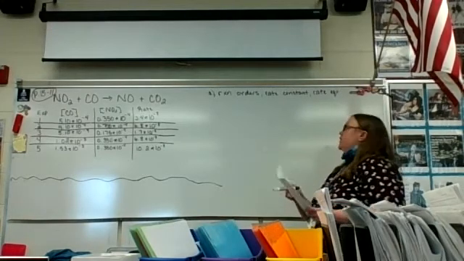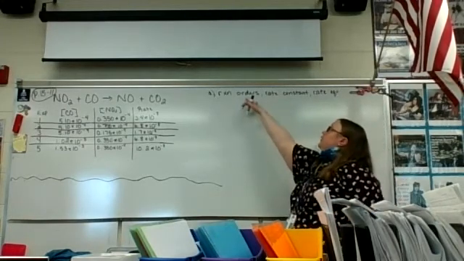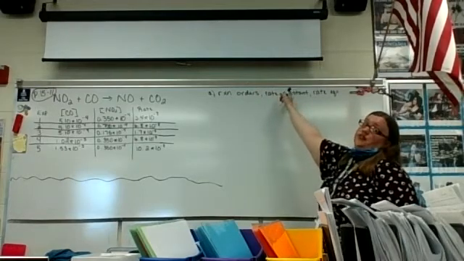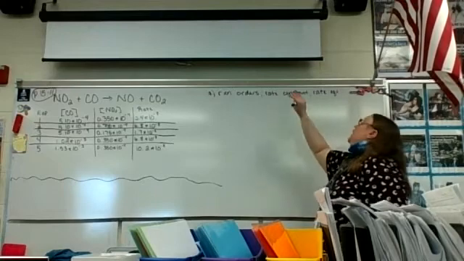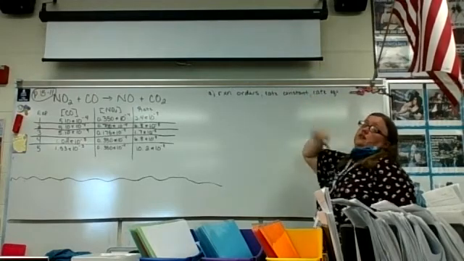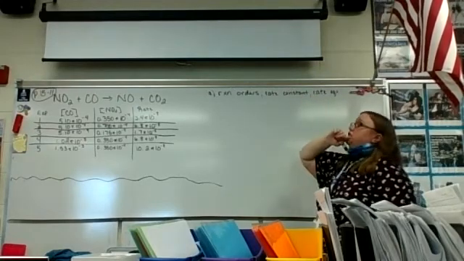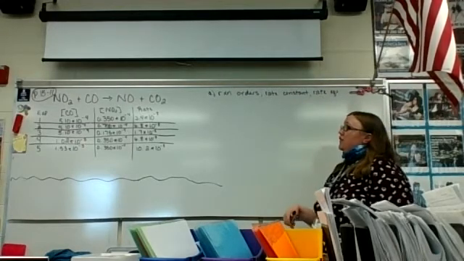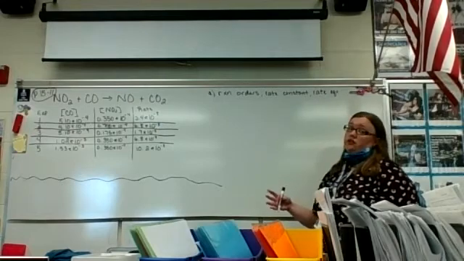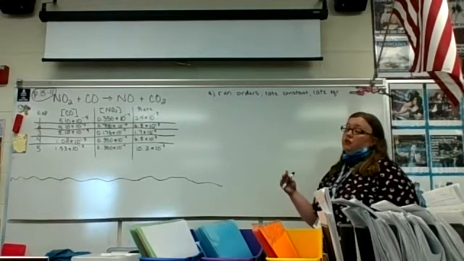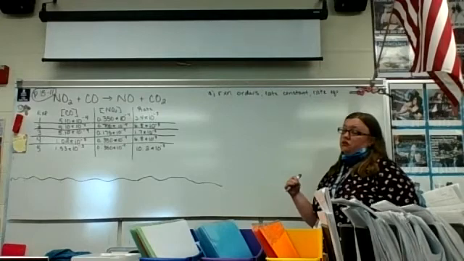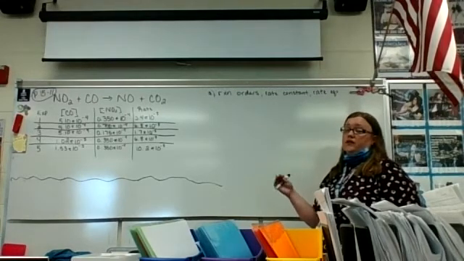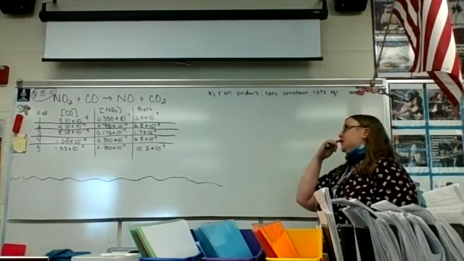So what we want to do is first determine the reaction orders and then figure out the rate constant, which we didn't do Monday, but we're doing Tuesday, and then write the full rate equation. So like Monday, what we do to figure out the reaction orders is we take a ratio between the rates of the experiments where one of the concentrations is constant.